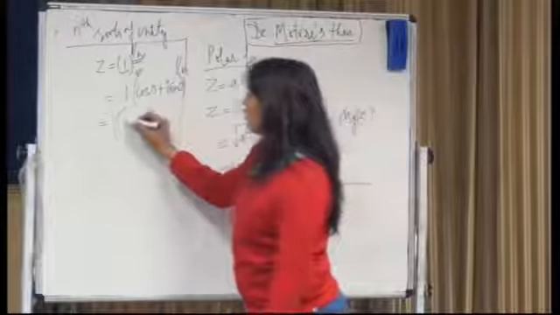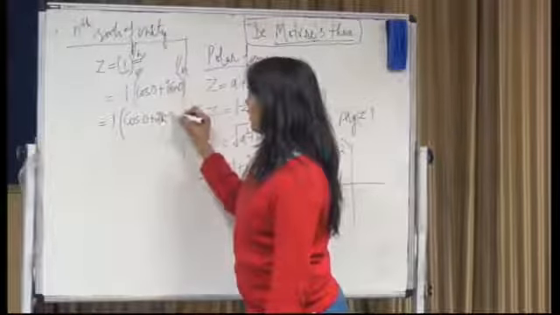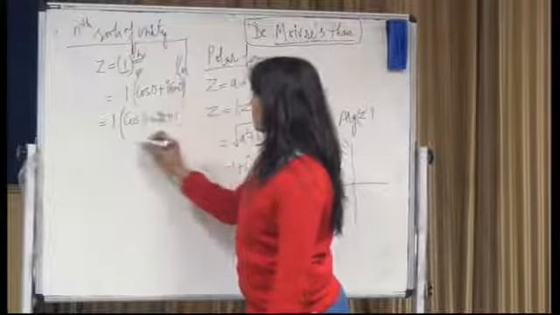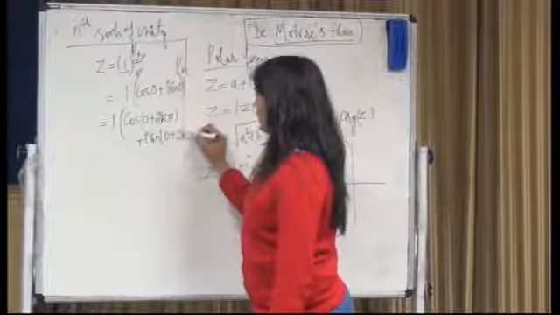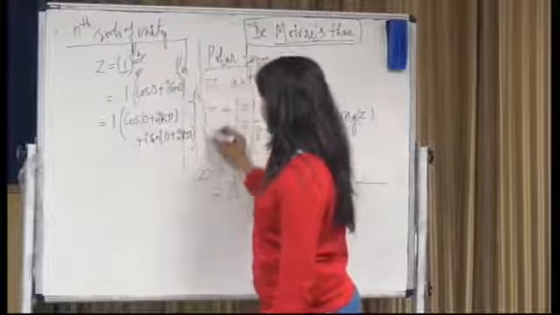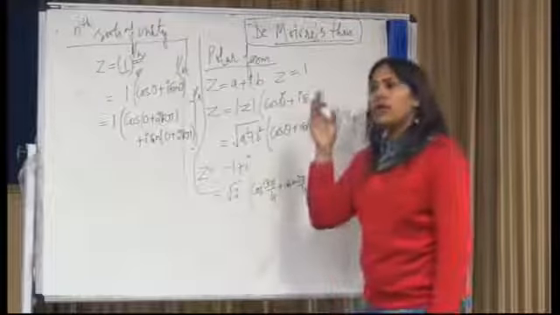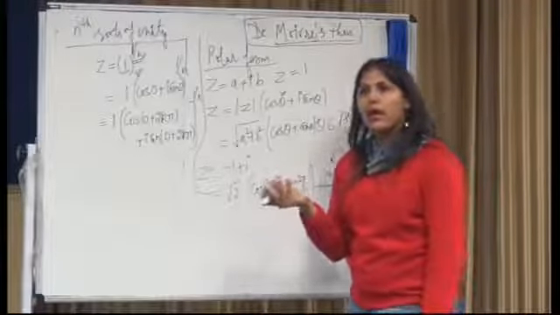Okay, so for 0, what you do? Add 2k pi. This time I am adding k and n, both are the same. So 0, I can do it like this. There is no harm for the argument, because if 0 is an argument, then 0 plus 2 n pi will also again be an argument.